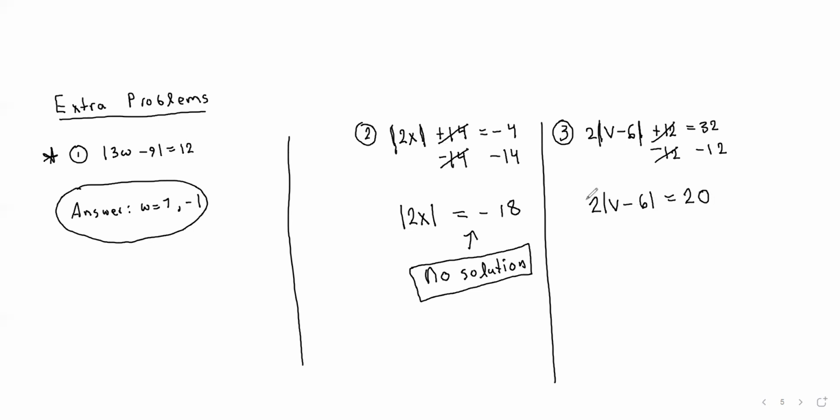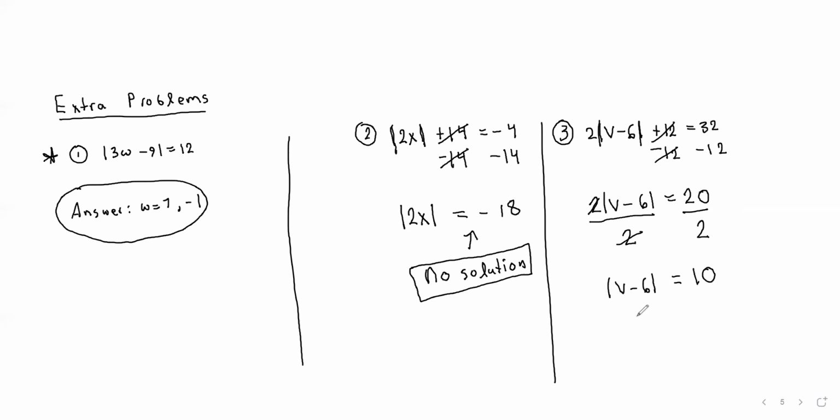We want to get rid of this 2, so I'm going to divide both sides by 2. The 2s on the left, in the numerator and the denominator, cancel, so we just have the absolute value of v minus 6. And on the right, we have 20 divided by 2, which is 10.